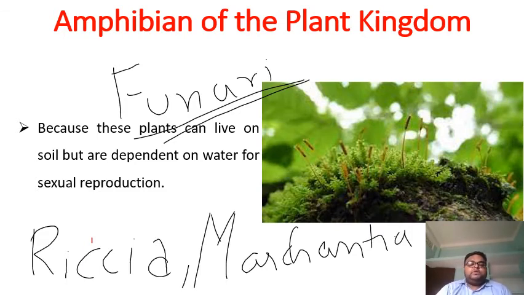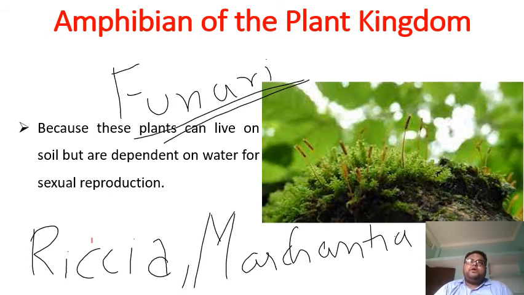Okay, students. So let's quickly see what we have studied about the phylum Bryophyta. First of all, these are called the amphibians of the plant kingdom. Second, although the body is differentiated into root, leaf and stem type of structures, they don't have any specialized conduction tissues to conduct water or food from one part of the body to another.